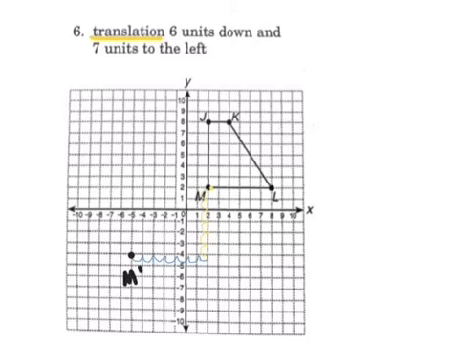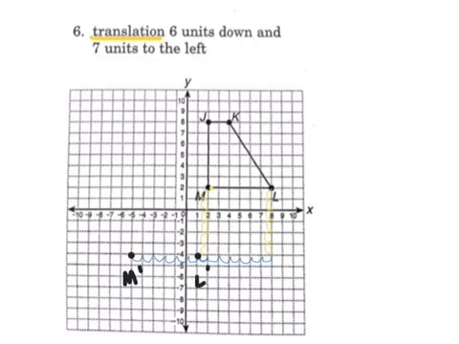Okay, I'm going to go with L next. Let's go 6 down. 1, 2, 3, 4, 5, and 6. And then 7 to the left. 1, 2, 3, 4, 5, 6, 7 right there. Plot my ordered pair, and label it L prime.